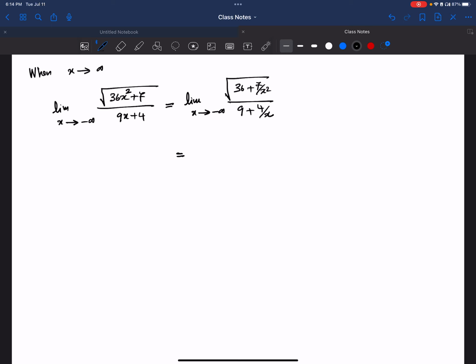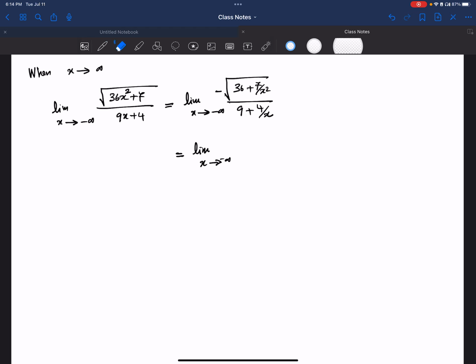So in this case, you have a negative sign. So you have limit x goes to negative infinity. This portion is 0, this portion is 0.